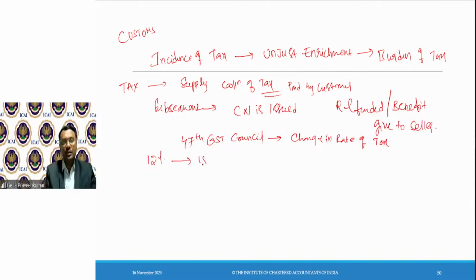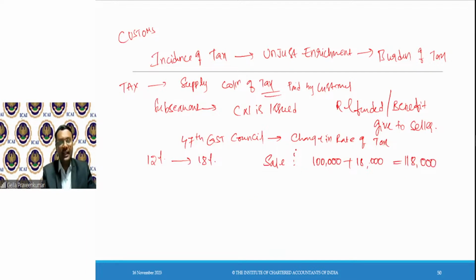It was enhanced to 18%. Now, there was a sale for rupees 1 lakh on which the tax is collected at 18%. That is 18,000. Tax is collected for 18,000. 1 lakh 18,000. Now, this is what actually happened.